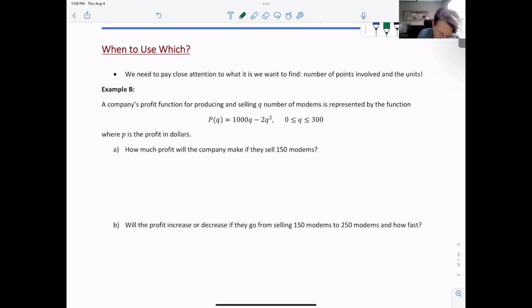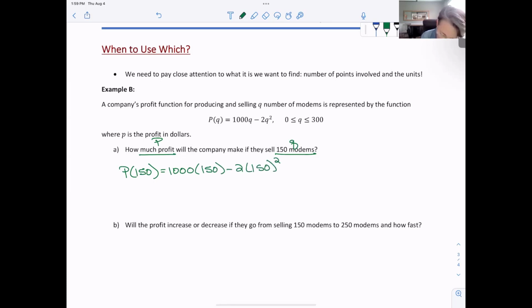Well, notice they're just asking how much profit. P is our profit, and they're giving us Q, the number of modems. So we just plug it in. There is no rate of change here, no limit, no slope. So we want to find P of 150. So we get 1000 times 150 minus 2 times 150 squared.